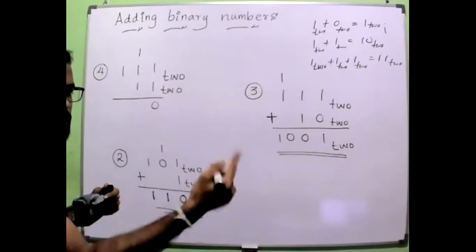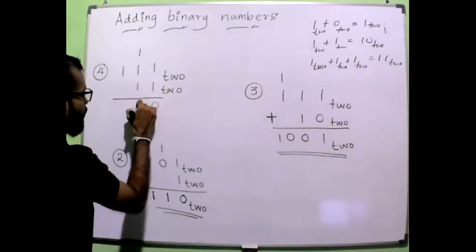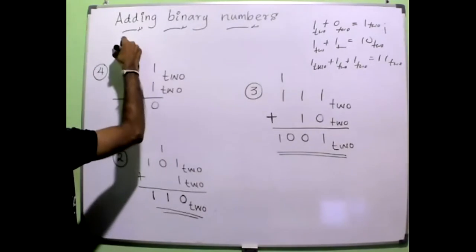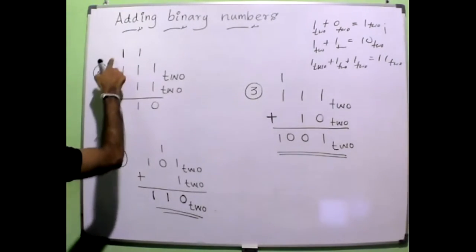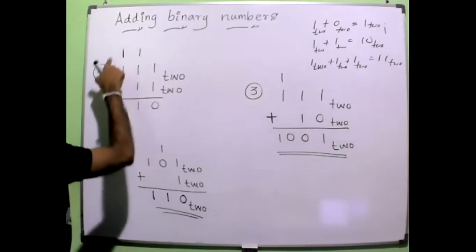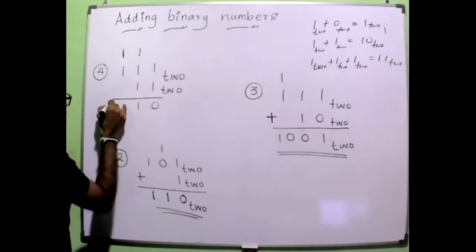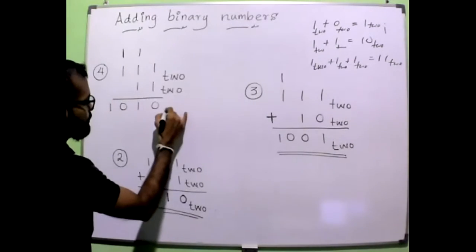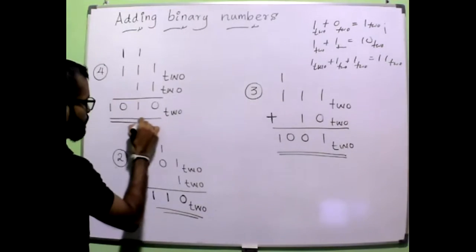So again, the last digit is 1 and the first digit is again 1, so you have to take that first digit here. So at last, 1 plus 1 is 10. Yes, 10. Okay, 1010, base is 2. So this is the answer.